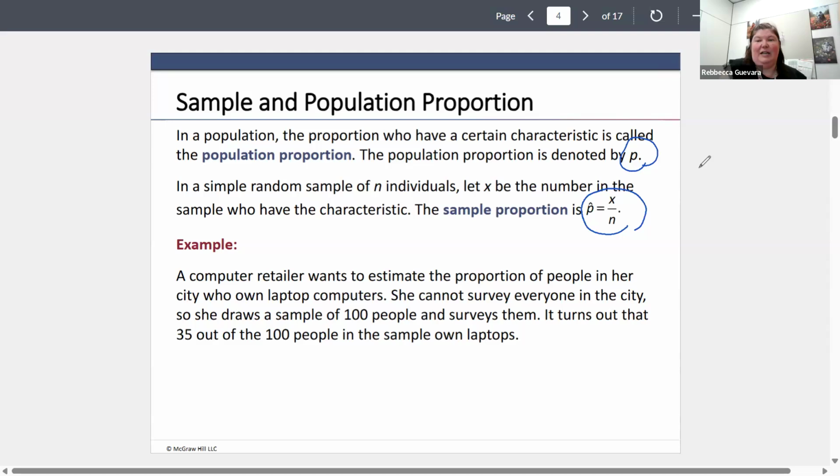And notice we got a little p hat. Usually when we put a little hat on things, that's because we're saying it's an estimate. So this is an estimate of my other P, the population proportion. This one is assumed to be the true value, because it is from the population, so this is the true proportion.